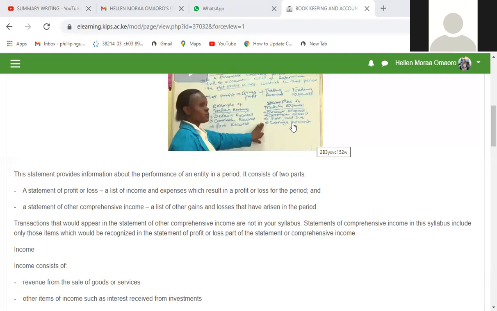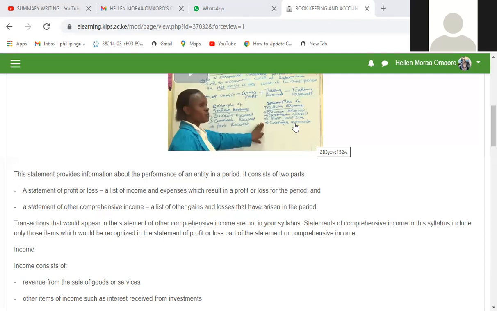Okay. I can repeat. So I said, on that formula, income statement is divided into two. So it consists of two parts, whereby the first part is the trading account, and the second part is the profit and loss account. So for us, we are supposed to start the trading account before we move to profit and loss account. So we say the first statement, which is the trading account, we get the gross profit.